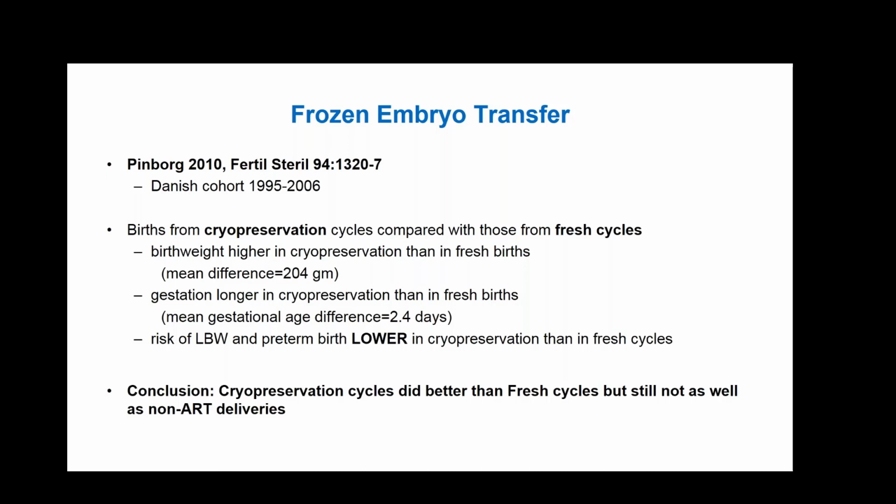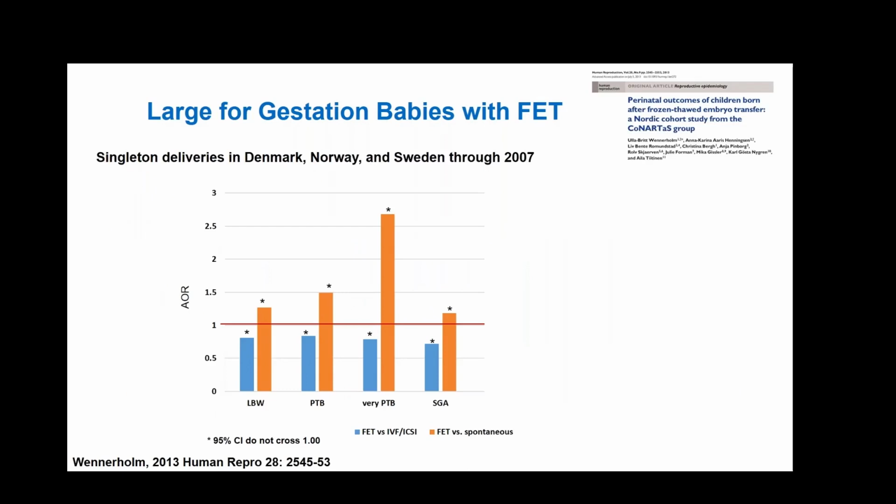The risk of low birth weight and preterm birth in adjusted models was lower in the cryopreservation cycles. Of note, even though the frozen did better than the fresh transfers, they also still did less well than the spontaneous conceptions.